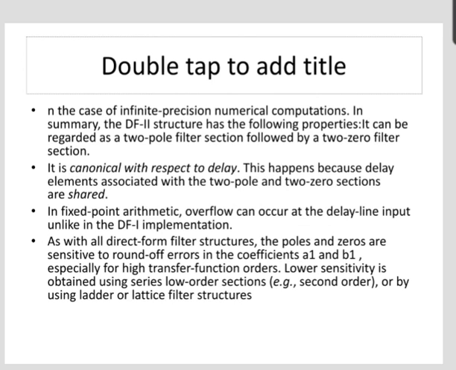Lower sensitivity is obtained using series low order sections. Since the poles come first in the DF2 realization of an IIR filter, the signal entering the state delay line typically requires a larger dynamic range than the output signal.